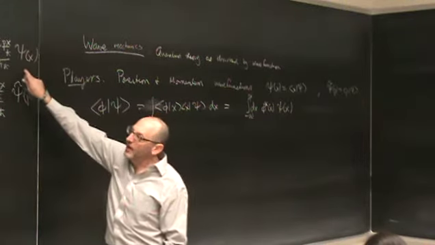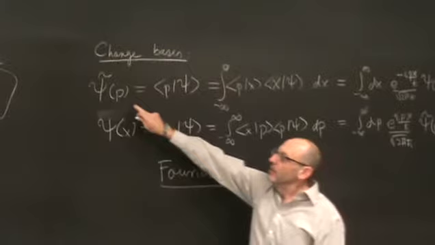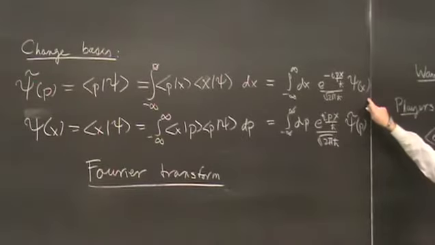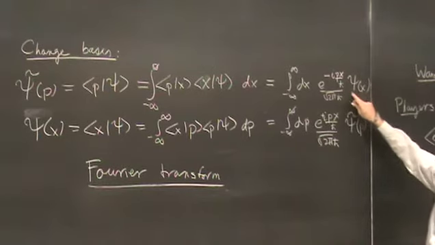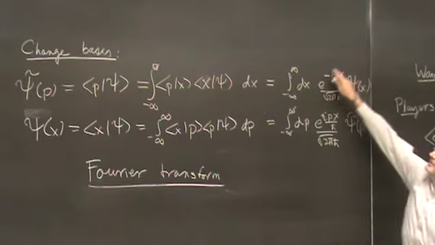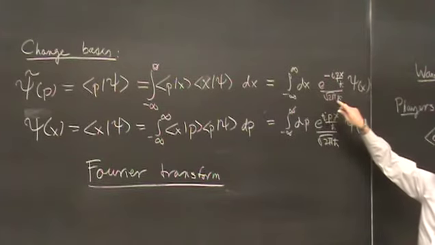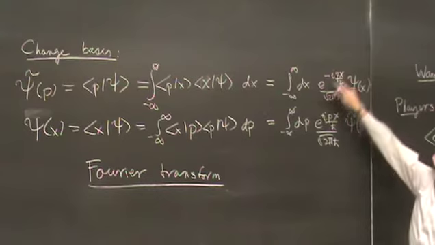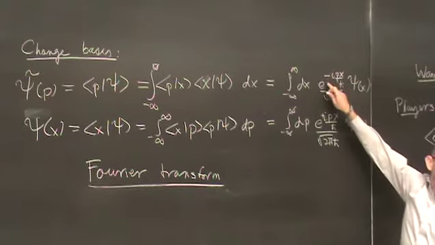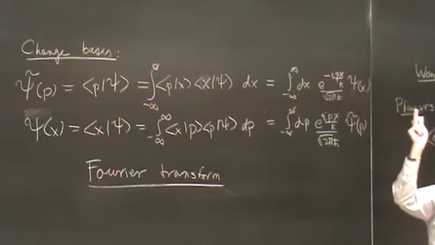If I wanted to find the momentum representation, what I do is I project my state onto the momentum eigenvector. And this is the momentum eigenvector, represented in position space. And it's got the minus sign because it's the conjugate. And that's how you remember it.